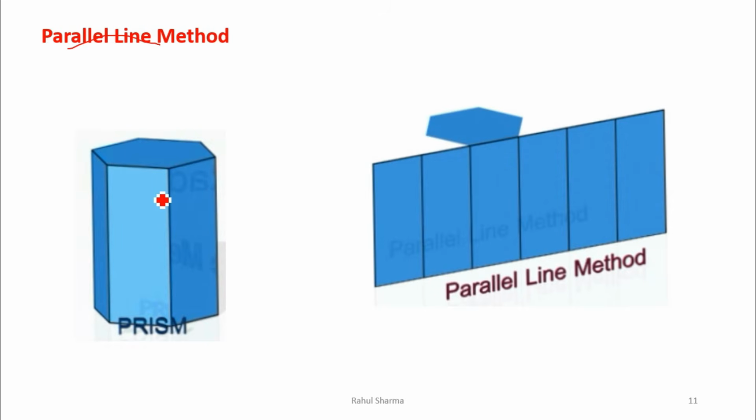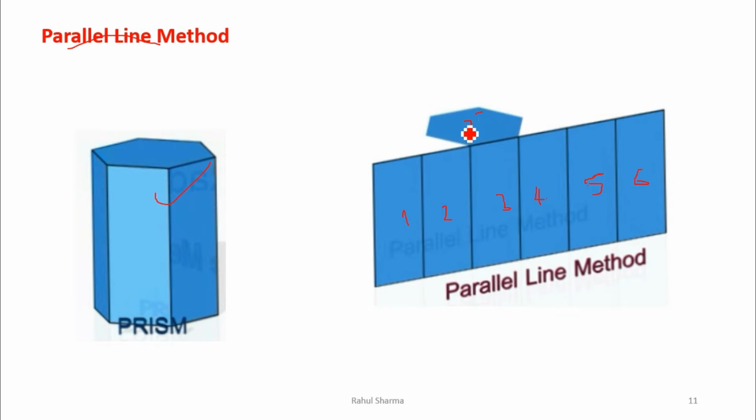If this is a hexagonal prism, we will get the 6 faces. These are known as faces. Now why are these faces there? Because all the faces were parallel, or we can say perpendicular. And why 6 only? Because it was a hexagon. Along with them we will get the base and top.